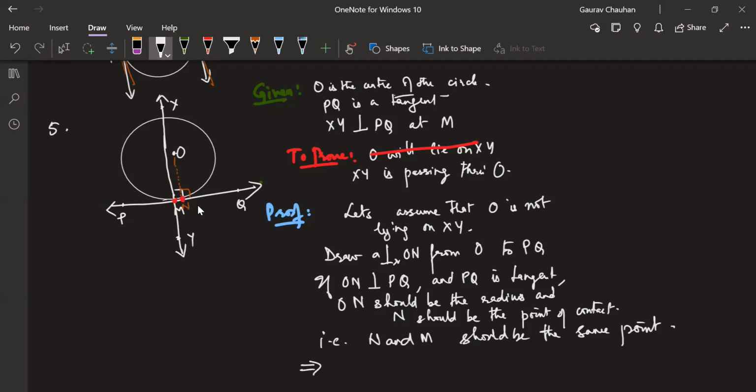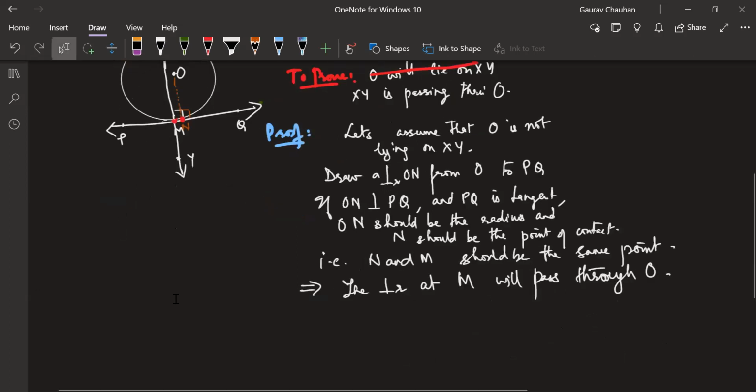This implies that the perpendicular at M will pass through O. Are you understanding? Therefore, our assumption is wrong. Our assumption that O is not lying on XY is wrong because the perpendicular will pass through O.